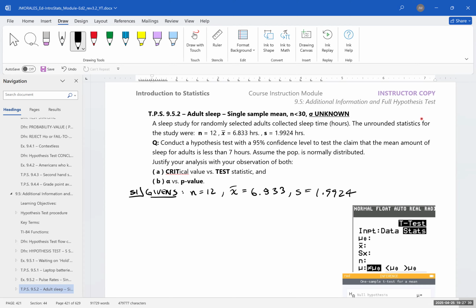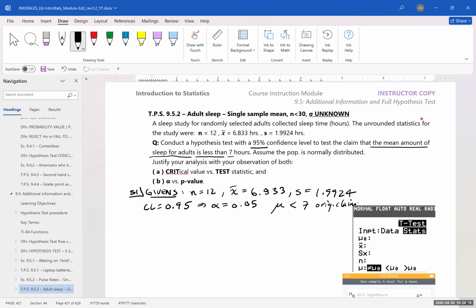Now it says conduct a hypothesis test with a 95% confidence level, which means we're going to have a significance level of 5% or 0.05 to test the claim that the mean amount of sleep for adults is less than 7. Okay, that is our original claim.